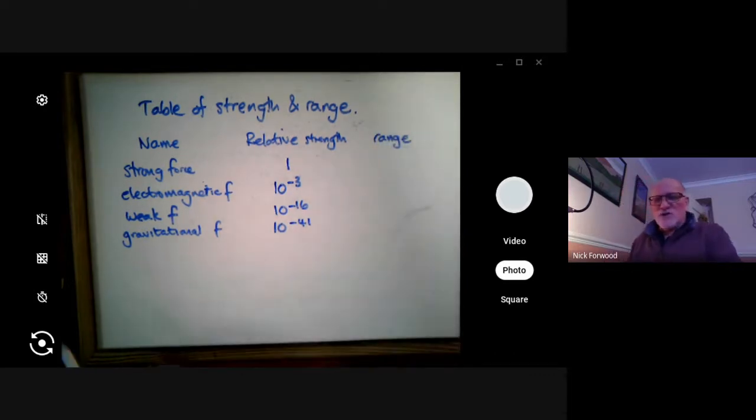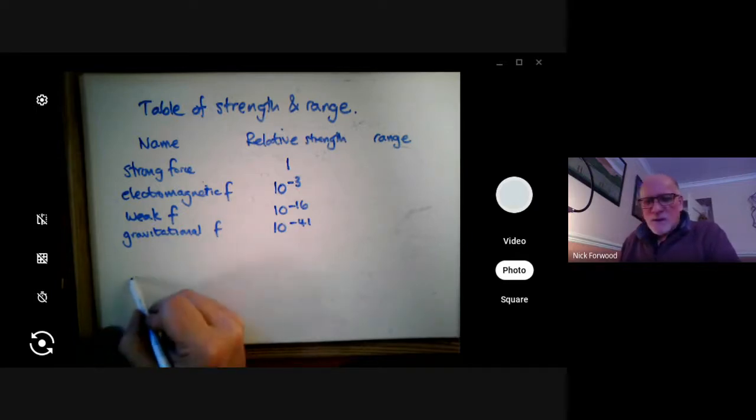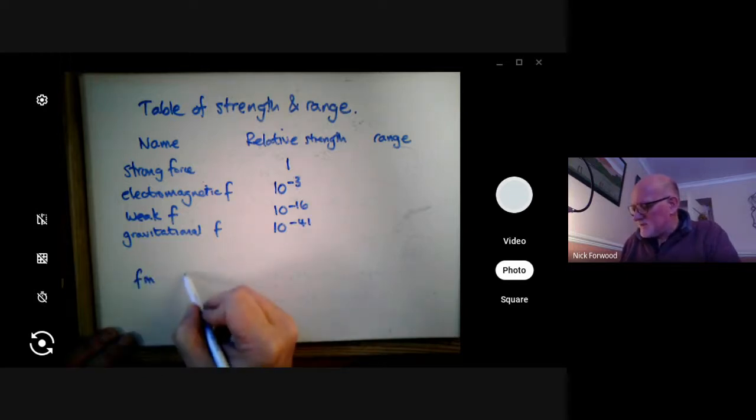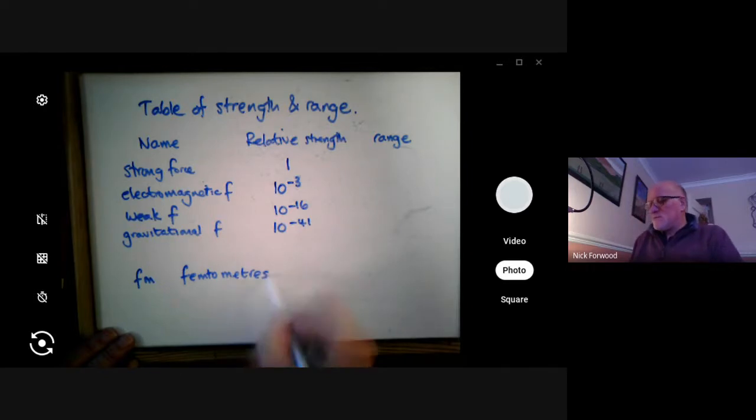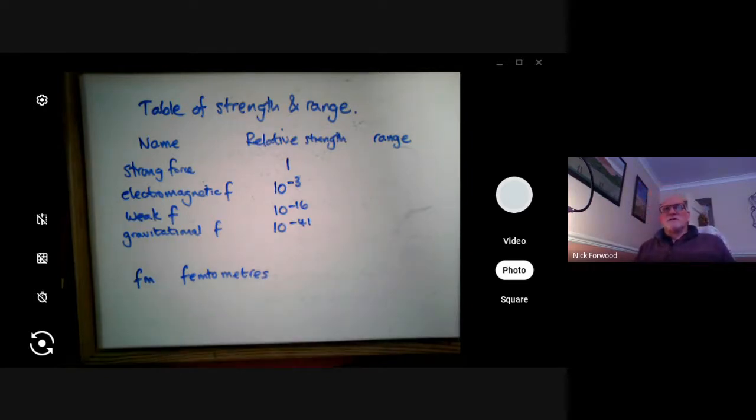Now, I'm actually going to use units here for the range, and the units I'm going to use are units like this. FM stands for femtometers. Now, femto is just another prefix. We've got prefixes like milli. We've got kilo to make it bigger, milli to make it smaller. We've got micro, nano, pico.